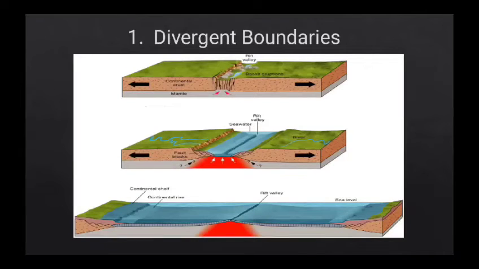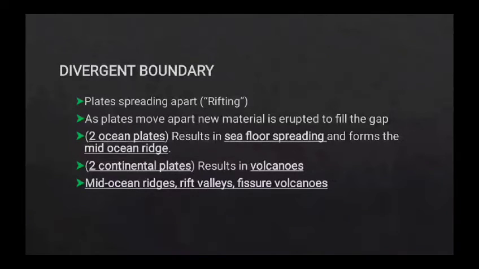Una, divergent boundaries. So, nakikita nyo ba sa illustration, meron tayong nakikitang paghihiwalay ng continental crust. Divergent boundary: plates spreading apart, or rifting.